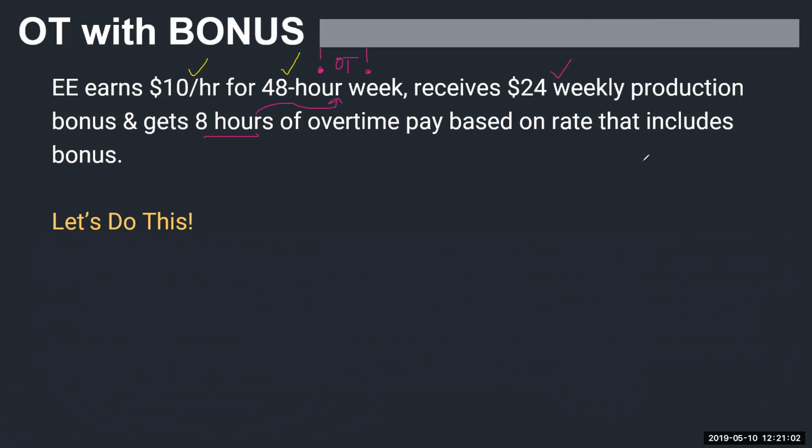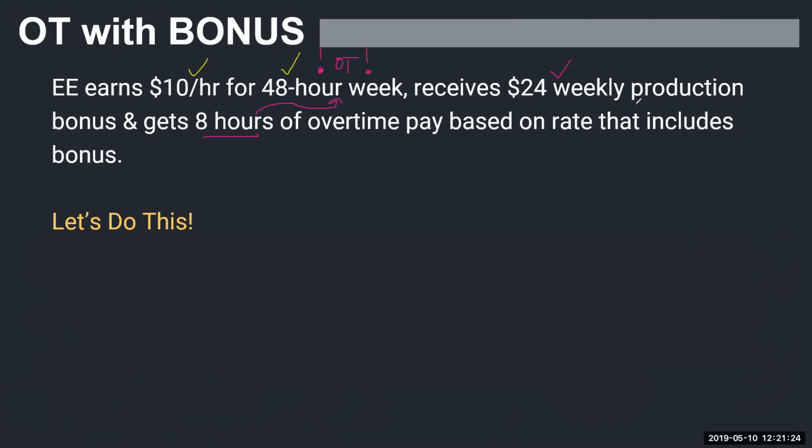I bet, correct me if I'm wrong, your first instinct is to calculate overtime based on $10 an hour. Don't do that. While the regular rate of pay is $10 an hour, you're right, this $10 an hour of regular rate of pay is going to change.